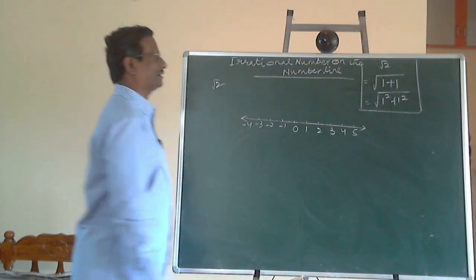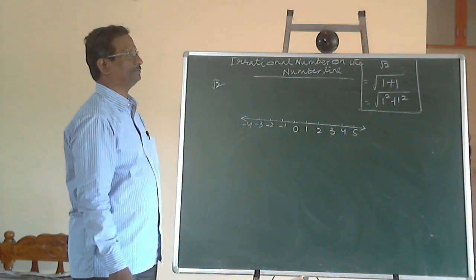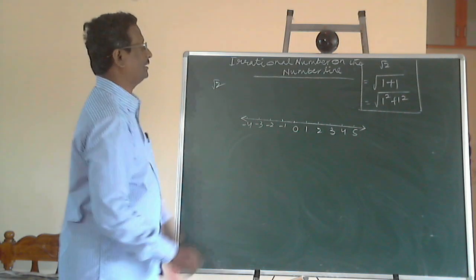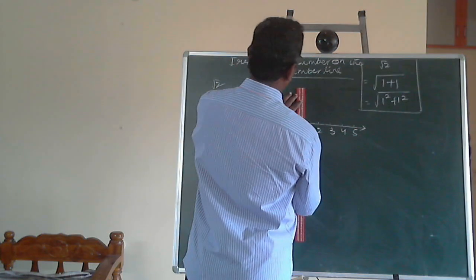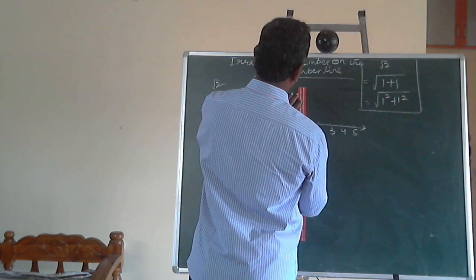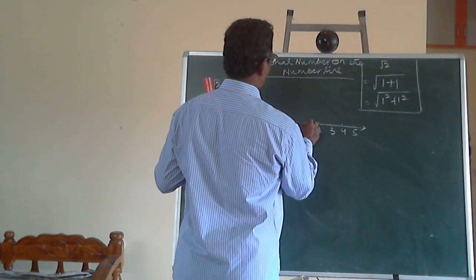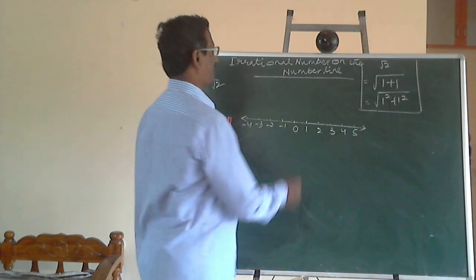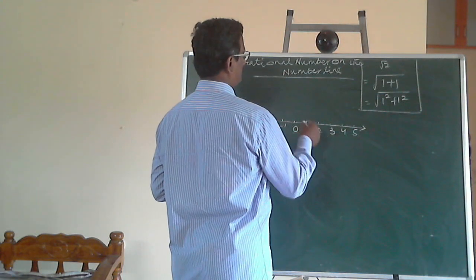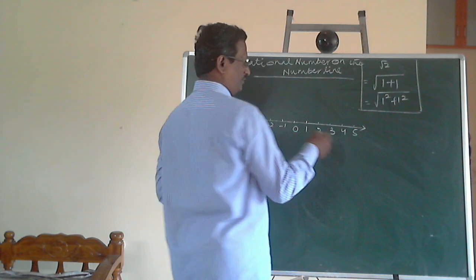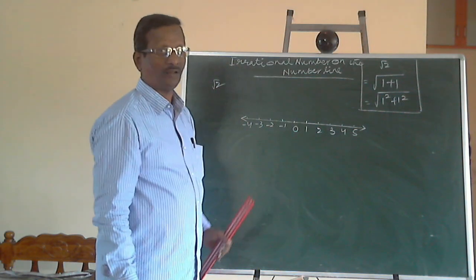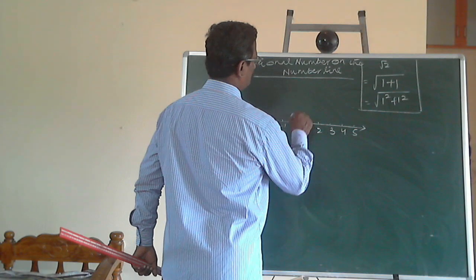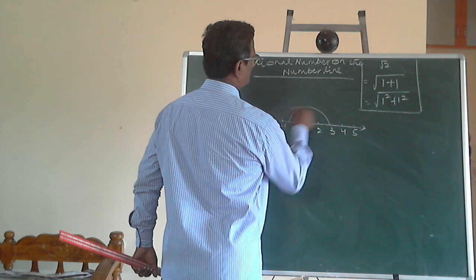Here at 1 we have to draw a perpendicular, either by using a compass or a set square. Freehand, I am just explaining how to draw compass arcs.